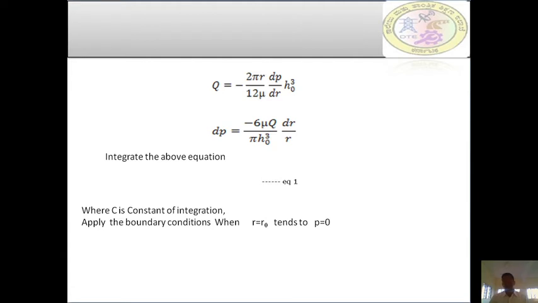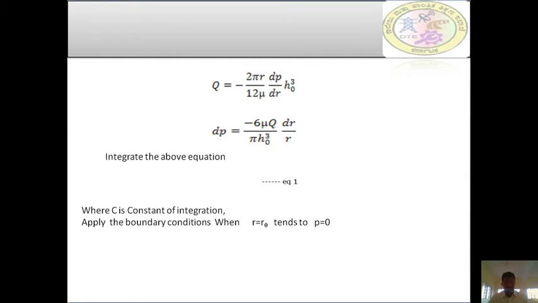After rearranging the terms, the 2 and 12 cancel, giving minus 6 in the numerator, with mu and Q in the numerator. The final equation is dp equals minus 6 mu Q divided by pi h naught cube into dr by r.